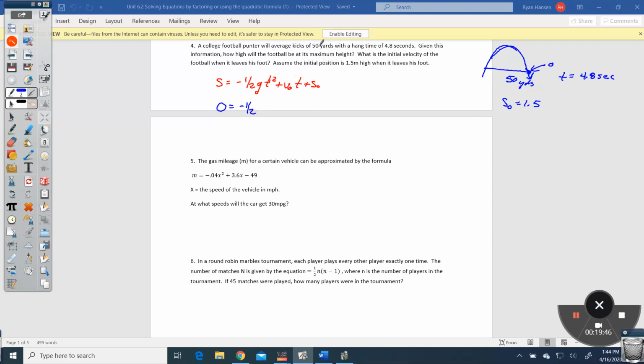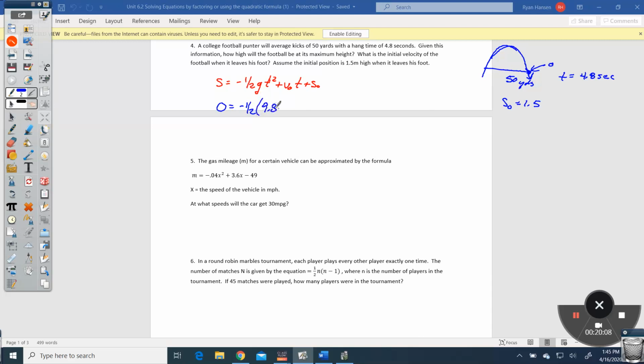And then the 50 yards doesn't really matter. The 4.8 seconds is given as how long. This is in meters, which is good because yards isn't one of the units we have information for, but we know that it's 9.8 meters per second squared for gravity.